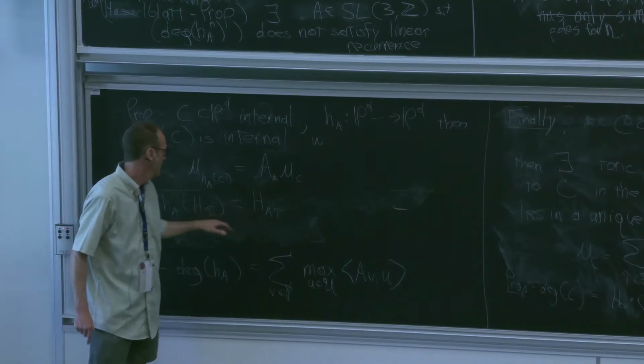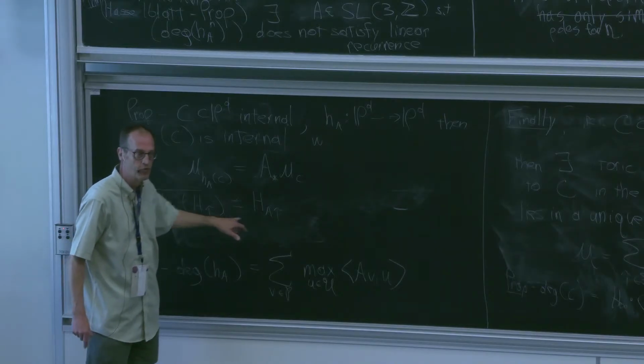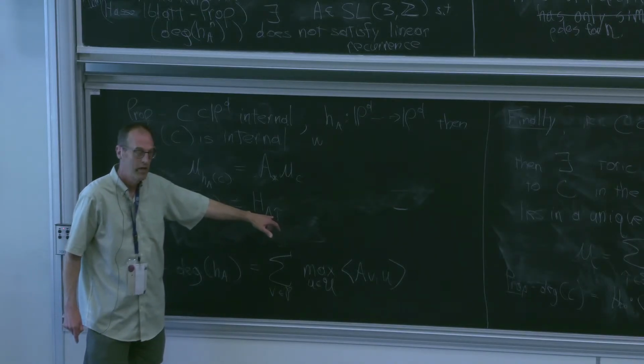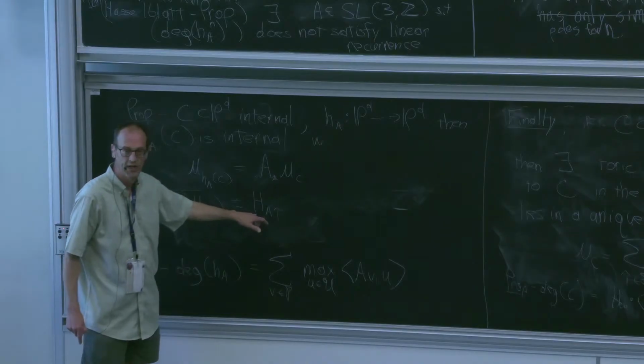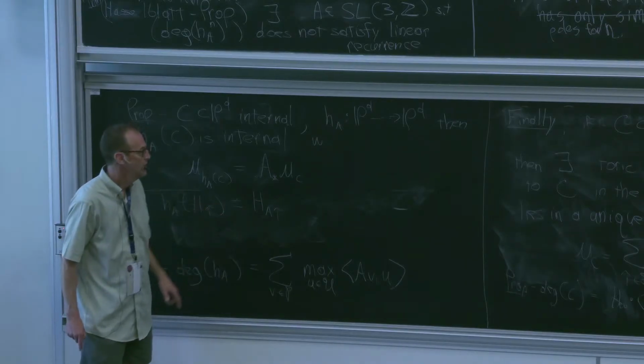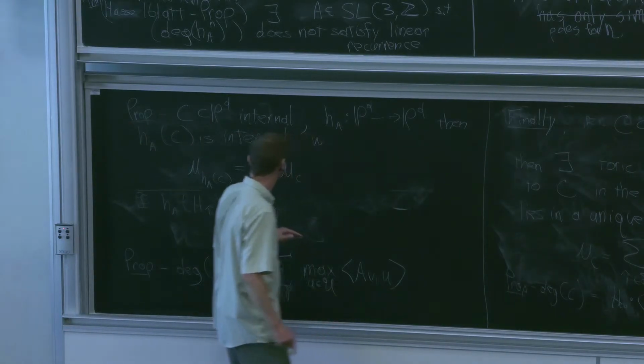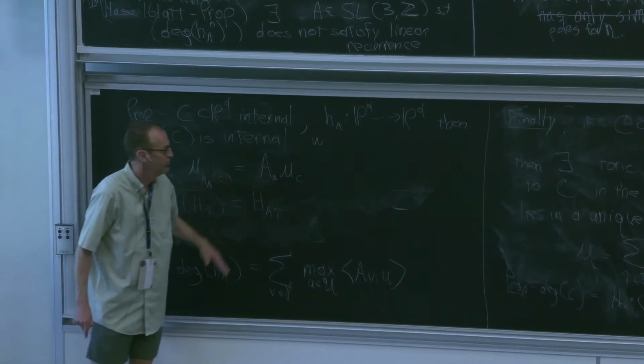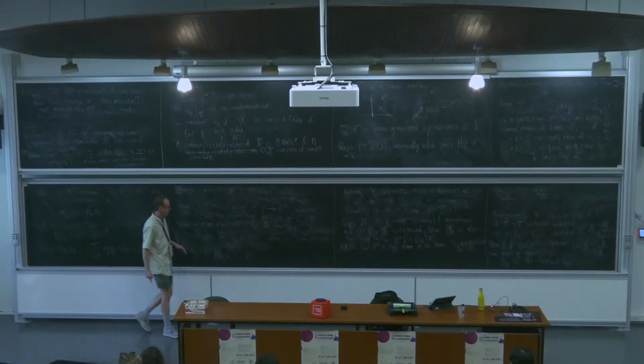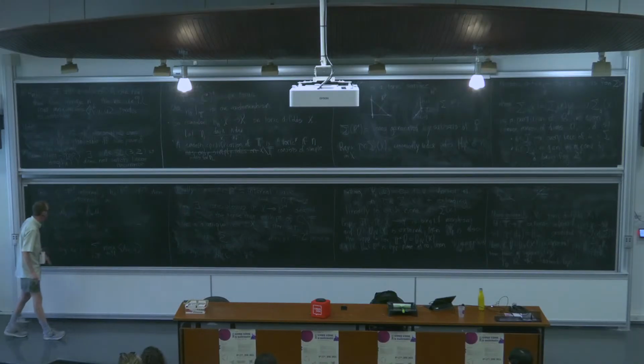So if the image of the primitive vector on T goes forward to something imprimitive, that just means that you have some branching here. So when you push forward this measure, you might get some support on non-primitive vectors here. But modulo that qualification, this is what you get out of this.